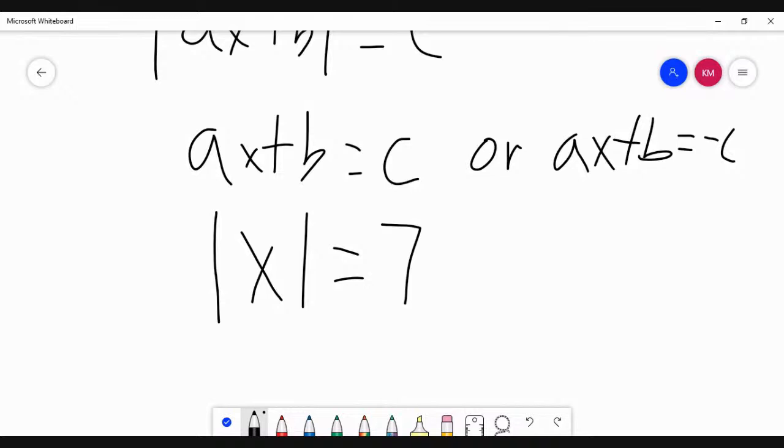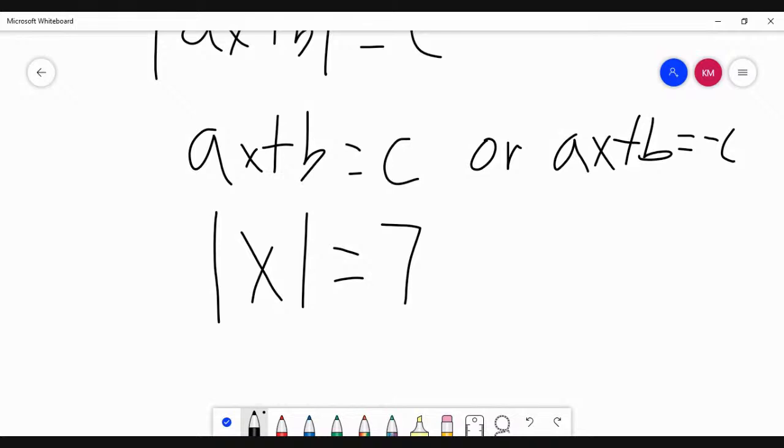So, we know that is 7 units. Now, what two numbers are exactly 7 units from 0? Because the absolute value of X simply means how many units X is from 0, right?